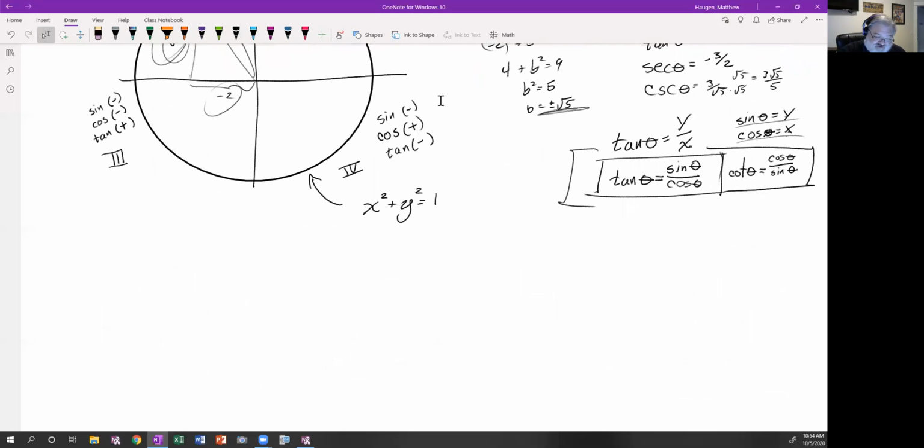Well, for points on the circle, the x value is supposed to be equal to the cosine of our angle, and the y value is supposed to be equal to the sine of our angle. So that builds actually what's going to be a very powerful tool as we go along. It's called the Pythagorean identity. The square of the cosine plus the square of the sine has to be equal to 1, always.